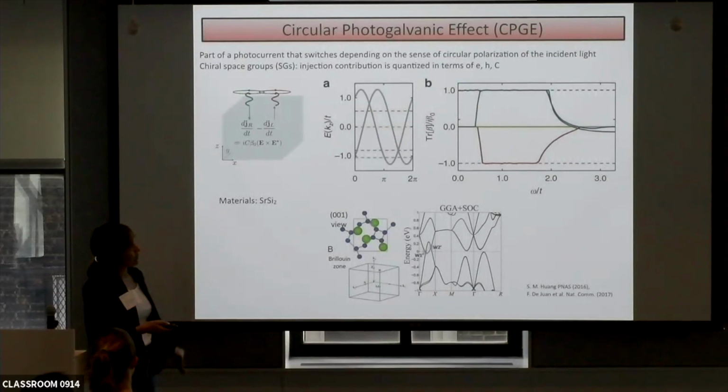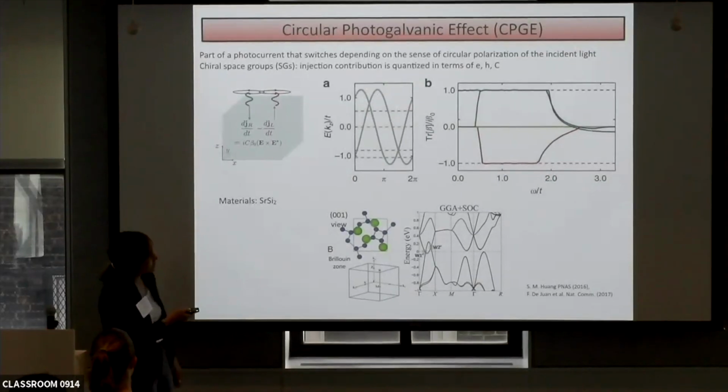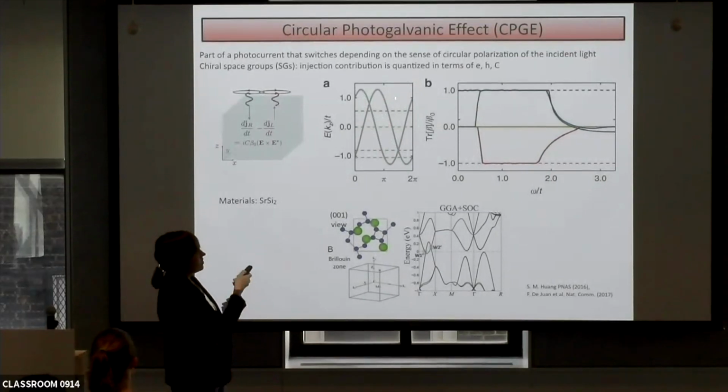So if we have a material in one of these space groups, we're going to have between high symmetry points 2 Weyl crossings, at different energies, and they're going to have a quantized response function. This is going to be for Chern number equals 1, and this would be for Chern number minus 1.